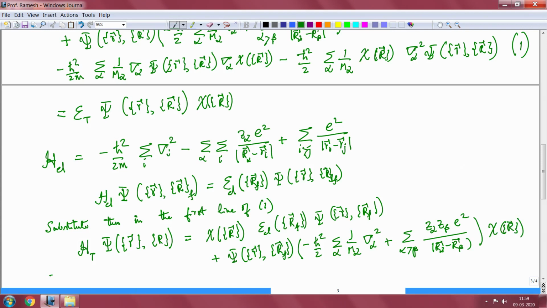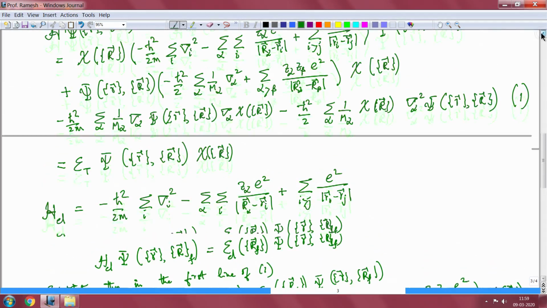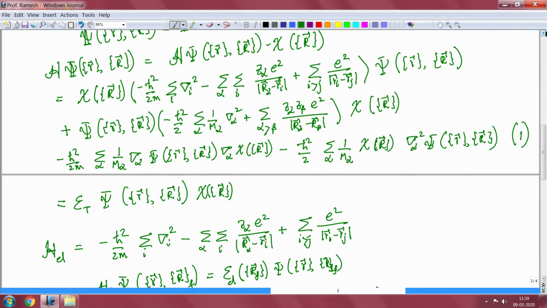if we neglect the last line in 1. So, you see here is the last line in 1, which is actually this line.